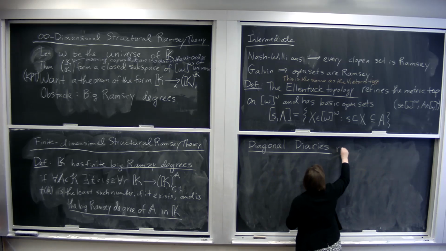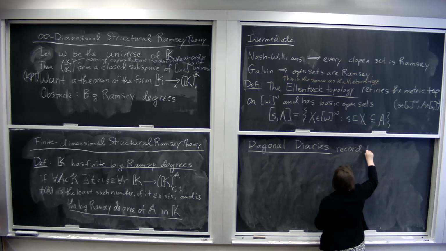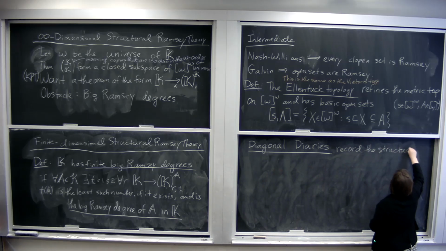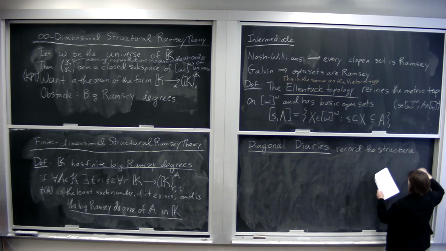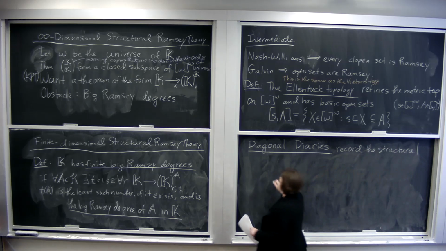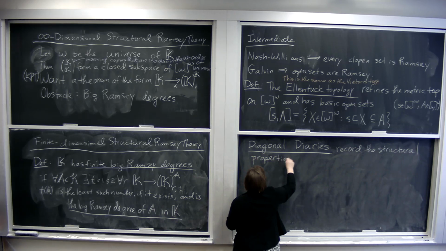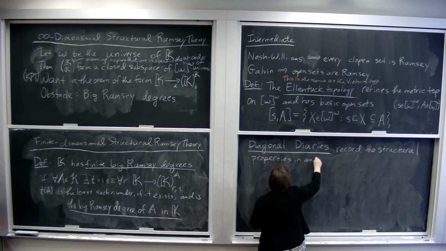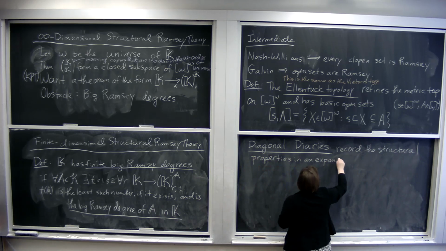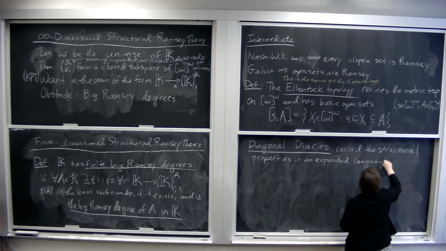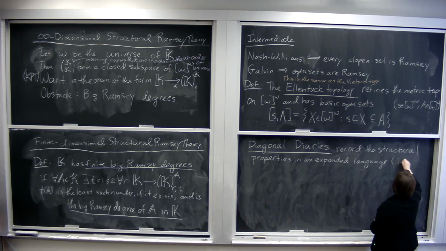So these record the structural properties, structural meaning more than just the Fraïssé structure, in an expanded language, which is really exactly the same thing as thinking of coding trees.